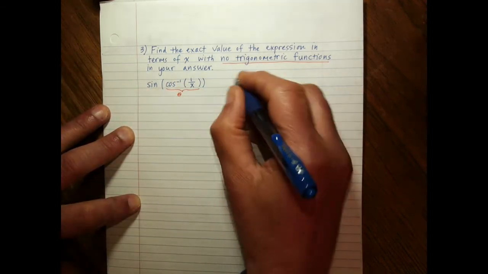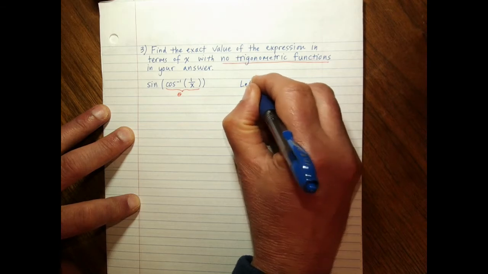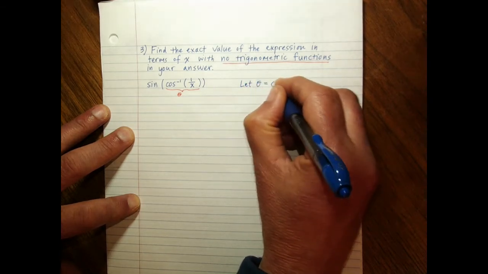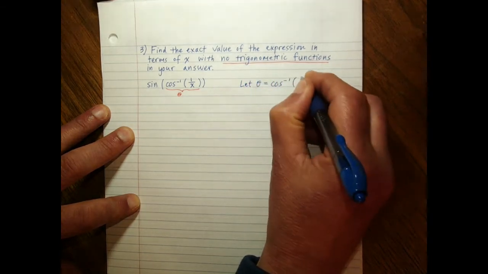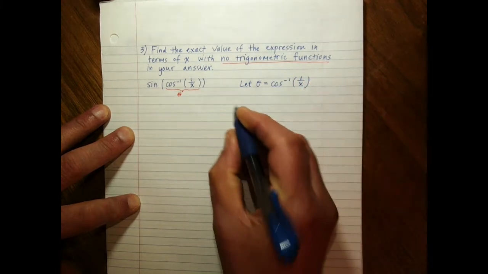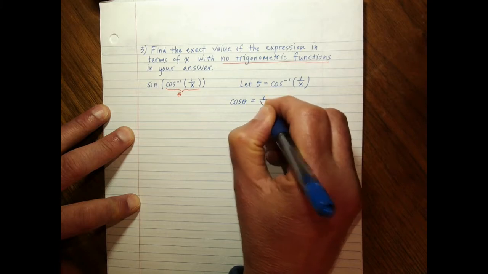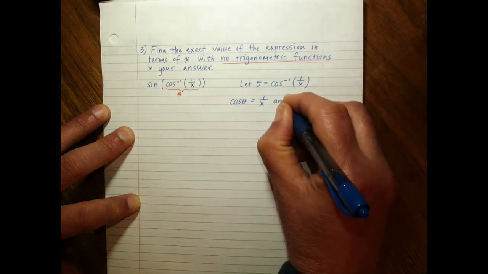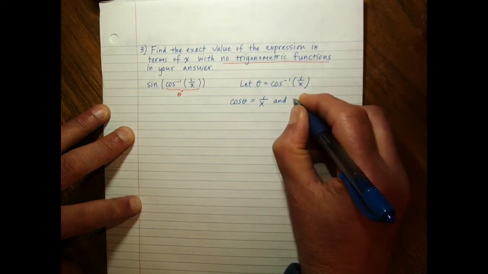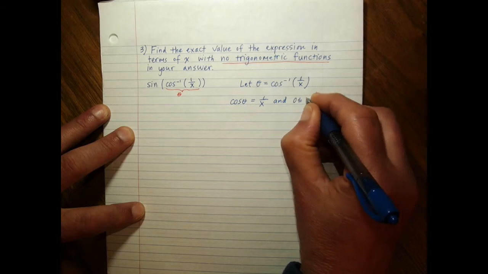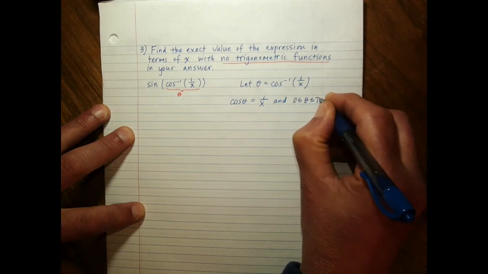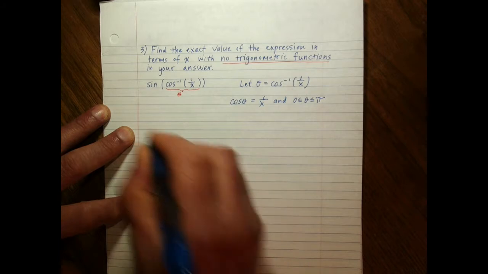So I'm gonna let theta equal cosine inverse of 1 over x. Then cosine theta is 1 over x. And let's see, I'm using inverse cosine, so theta is between 0 and pi.